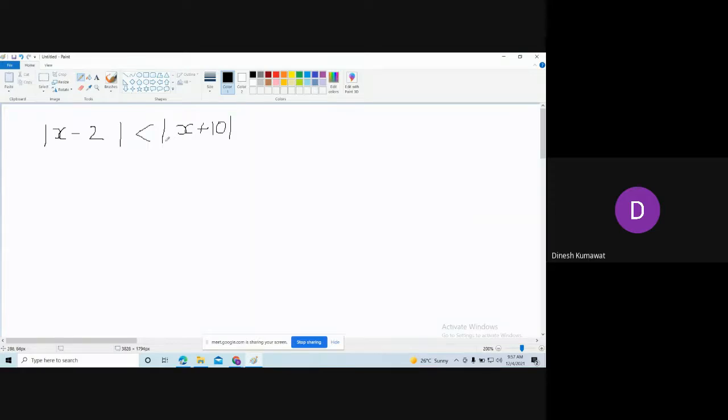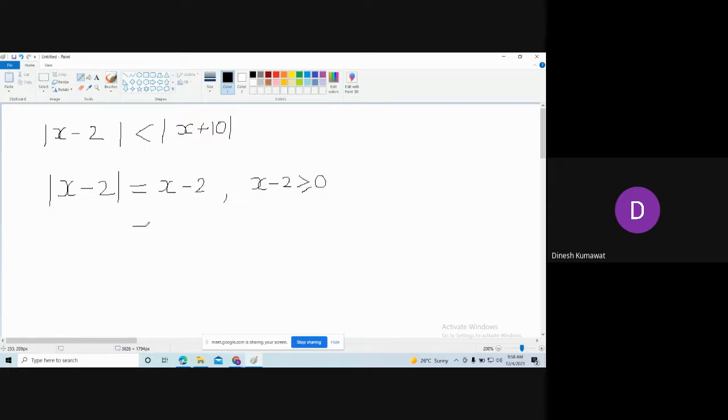In that, the first case is when this modulus is bigger than or equal to 0, or you can say when this number x minus 2 is bigger than or equal to 0. For that we have two definitions. The first one is: mod of x minus 2 is the same as x minus 2, and the condition on this number is that x minus 2 is bigger than or equal to 0.